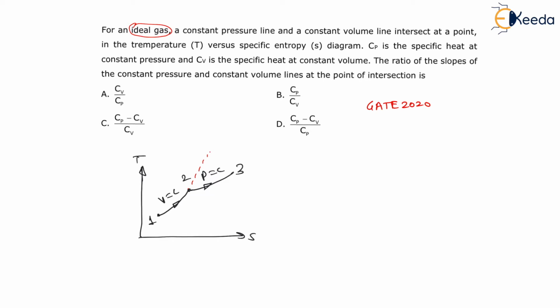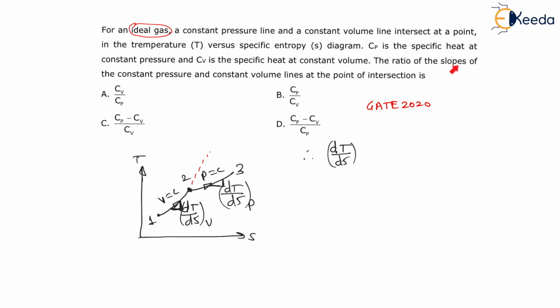Now they are asking the ratio of slopes, that is, dT by dS of the constant pressure line at point 2 and dT by dS of the constant volume line, right?